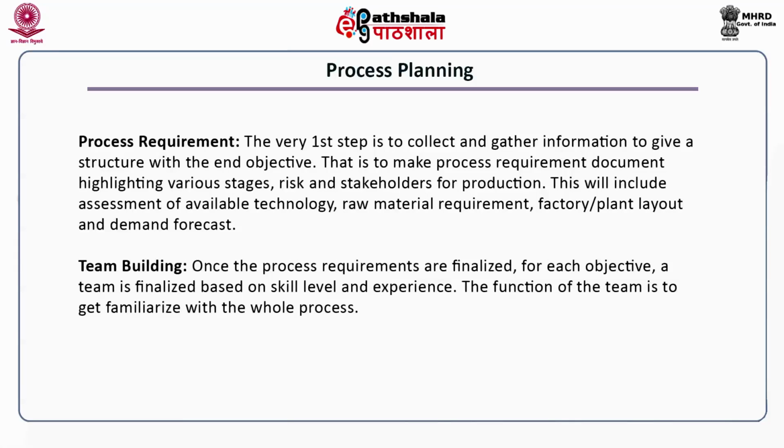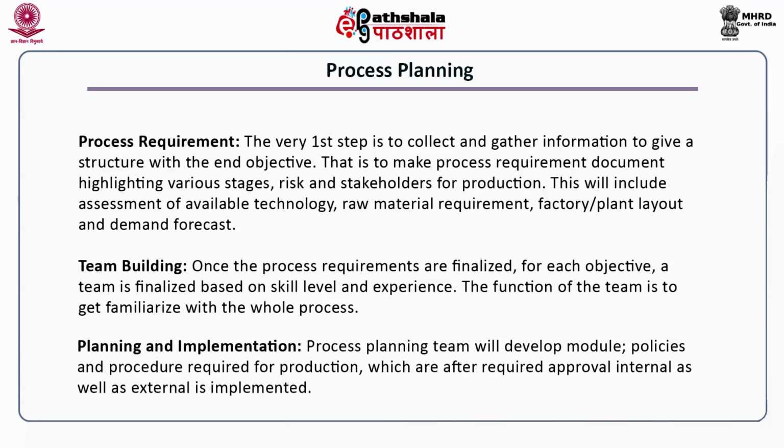Second is team building. Once the process requirements are finalized, for each objective, a team is finalized based on the skill level and experience. The function of the team is to get familiarized with the whole process. Planning and implementation. Process planning team will develop modules, policies and procedures required for production, which, after required approval internal as well as external, are implemented.